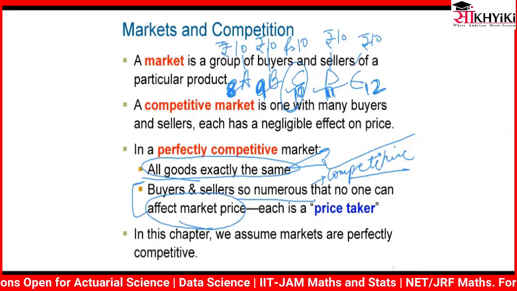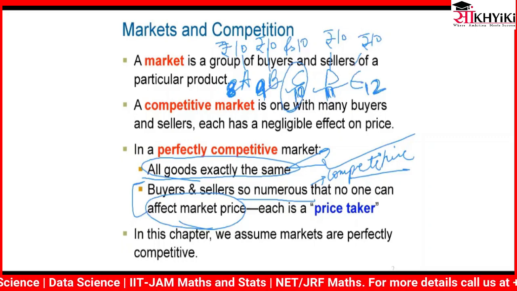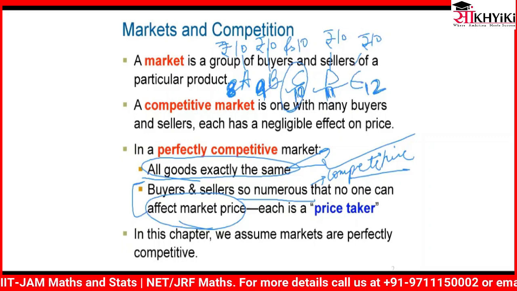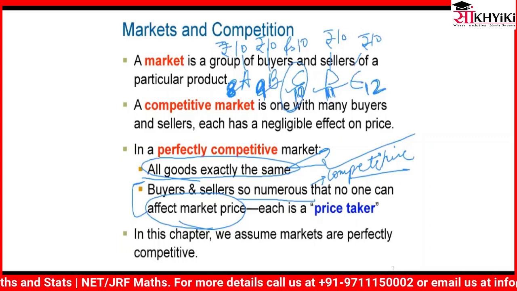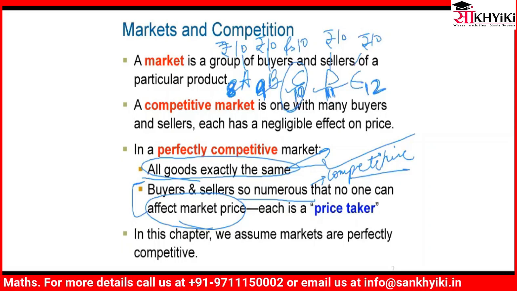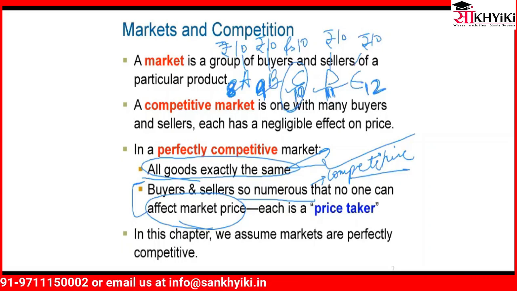So you go and you fetch from A and B. But the moment A and B start selling the product at a loss, they won't exist for a very long period. Very soon they will have to exit the market because they were making a loss. So either A and B would exit the market, or A and B would at least try and earn some money out of it, and A and B would sell it at least at 10 rupees.